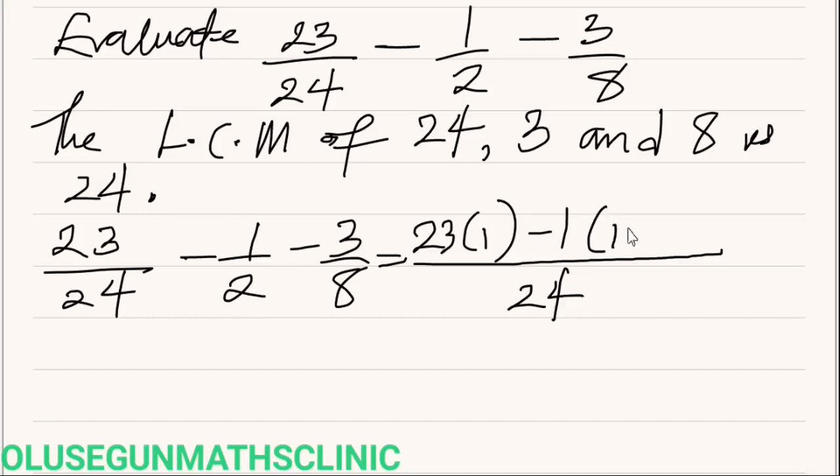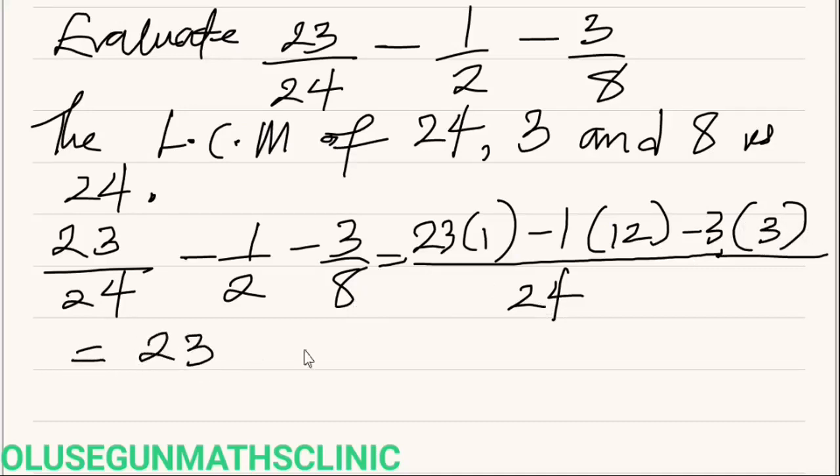So you write 12, minus 3 onto, 8 divided into 24 will give us 3, 3 on 3. So therefore we have 23 minus 12 minus 9 all over 24.